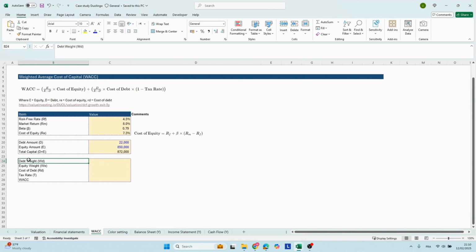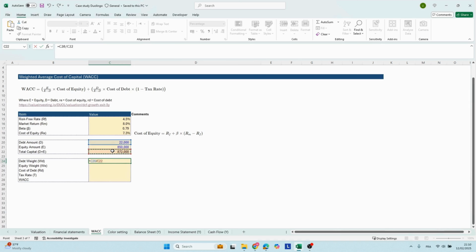So here is the debt weight compared to the total capital. We divide the 22 million total debt by total equity plus debt, and we get 2.5%.